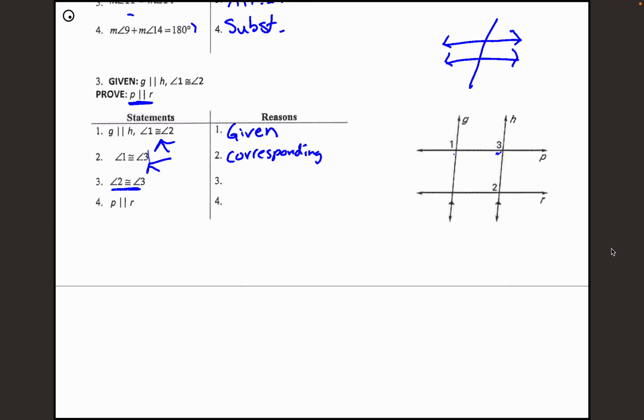So since angle 2 and 3 are congruent to angle 1, we can say they're congruent to each other because of transitive property. So again, this is like if A equals B, B equals C, then A equals C. So that would be transitive property.